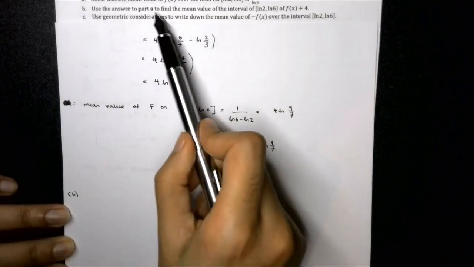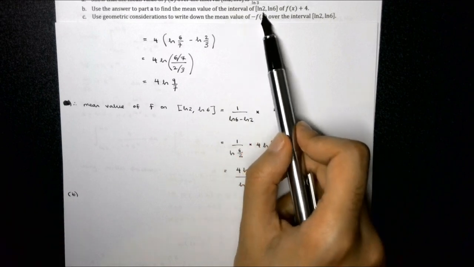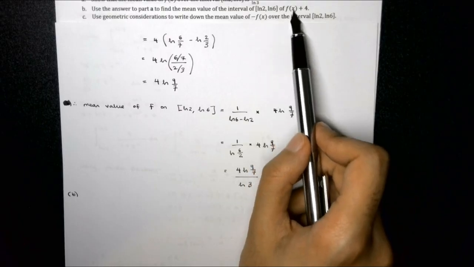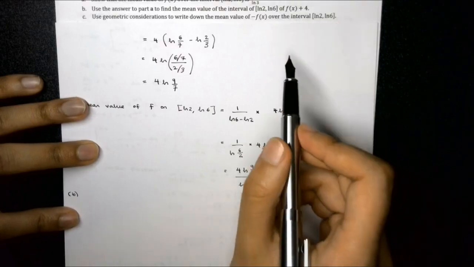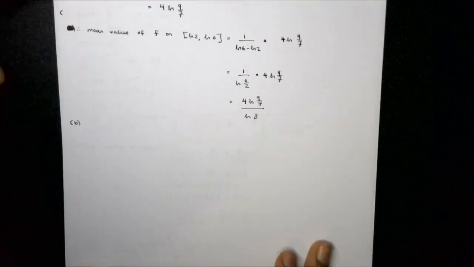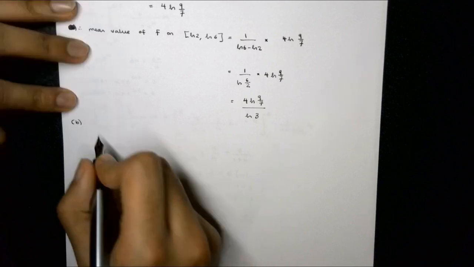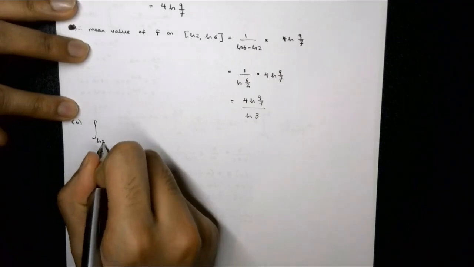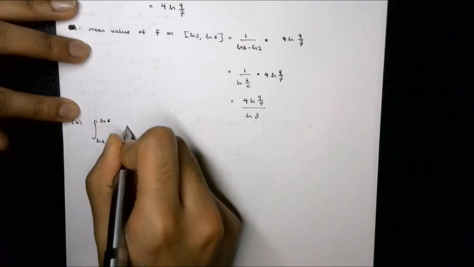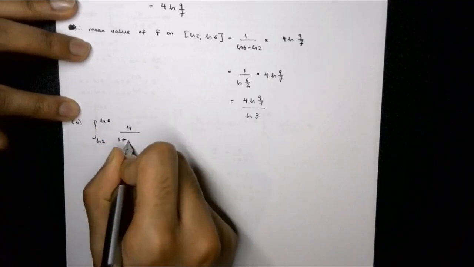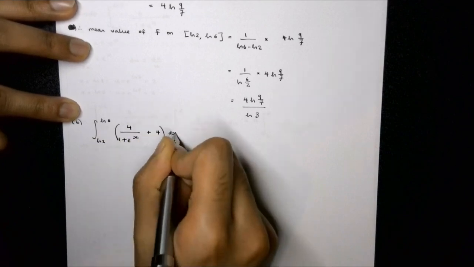it says use the answer to part A to find the mean value over the interval from natural log 2 to natural log 6 of f of x plus 4. So what we're doing in this question is integrating from natural log 2 to natural log 6 of 4 over 1 plus e to the x, plus 4, with respect to x.